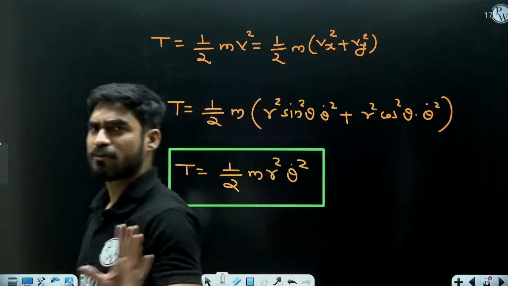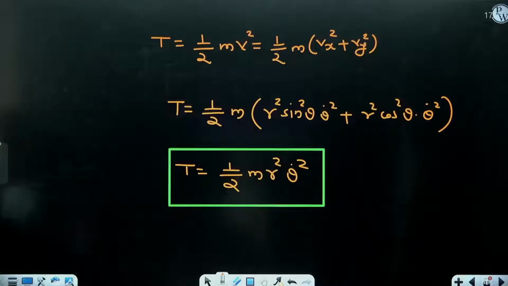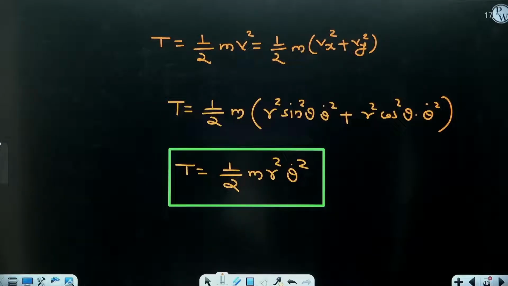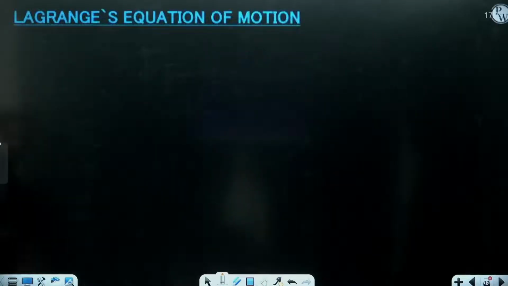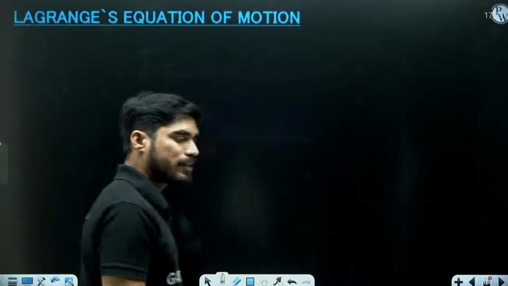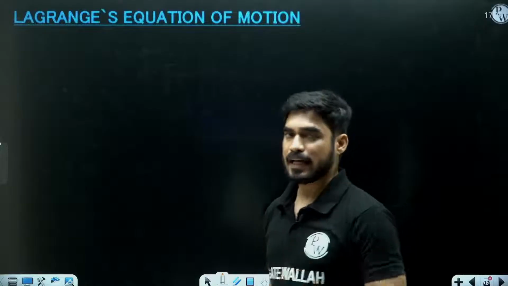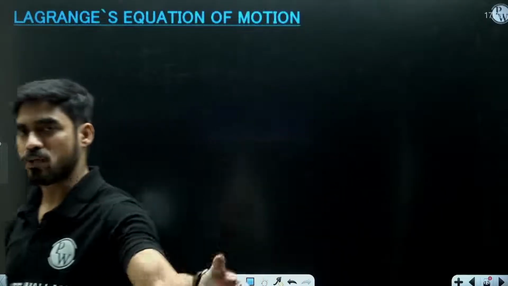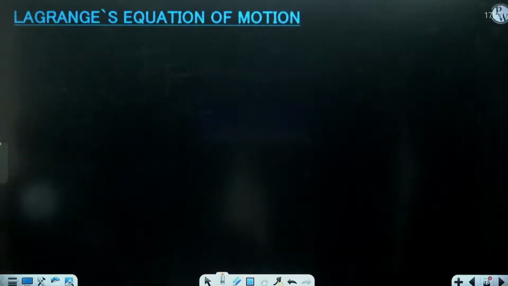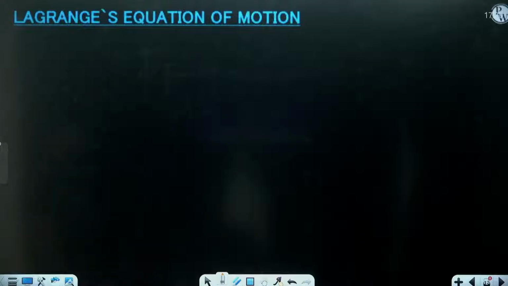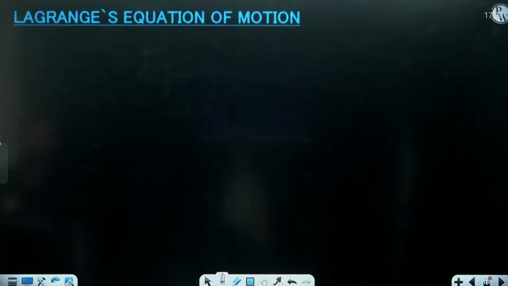We will write the equations of kinetic energy and potential energy in terms of theta only. Once you calculate kinetic energy and potential energy, the Lagrangian will be L equals T minus U.